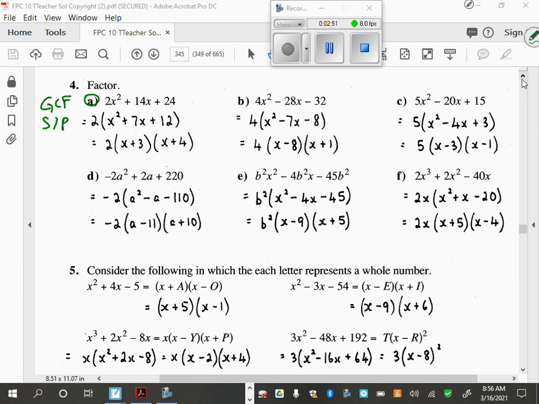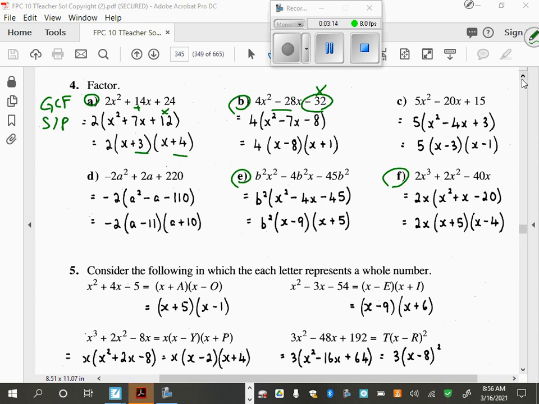So not one-steppers, two-steppers. Two numbers that multiply to 12 and add to 7 are 3 and 4. Two numbers that multiply, not to 32. You can't do multiply to negative 32 and add to negative 28.